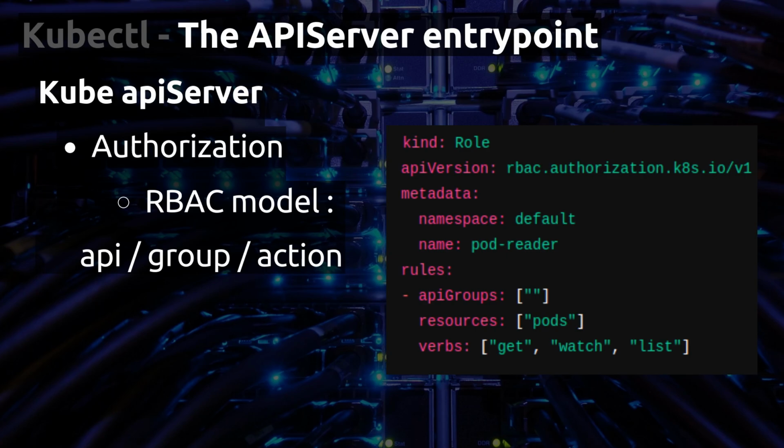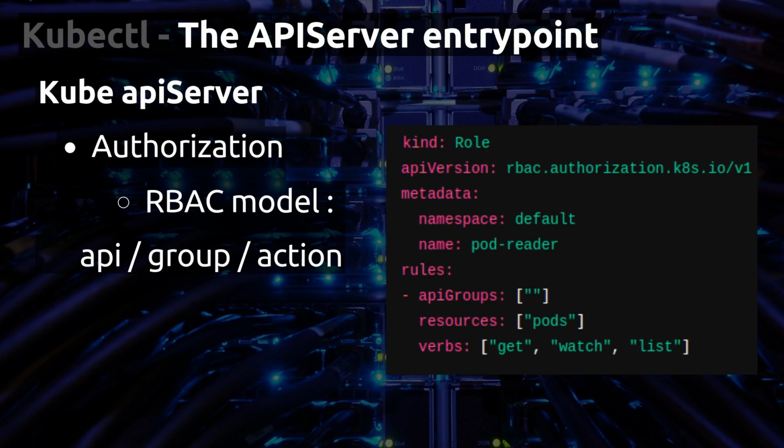So in this role, we can allow a specific role to access a specific resource, for example pods, and verbs. We can just allow, for example, a role to list pods. So we can add get and list and watch, for example, but we can add other verbs like edit or patch.